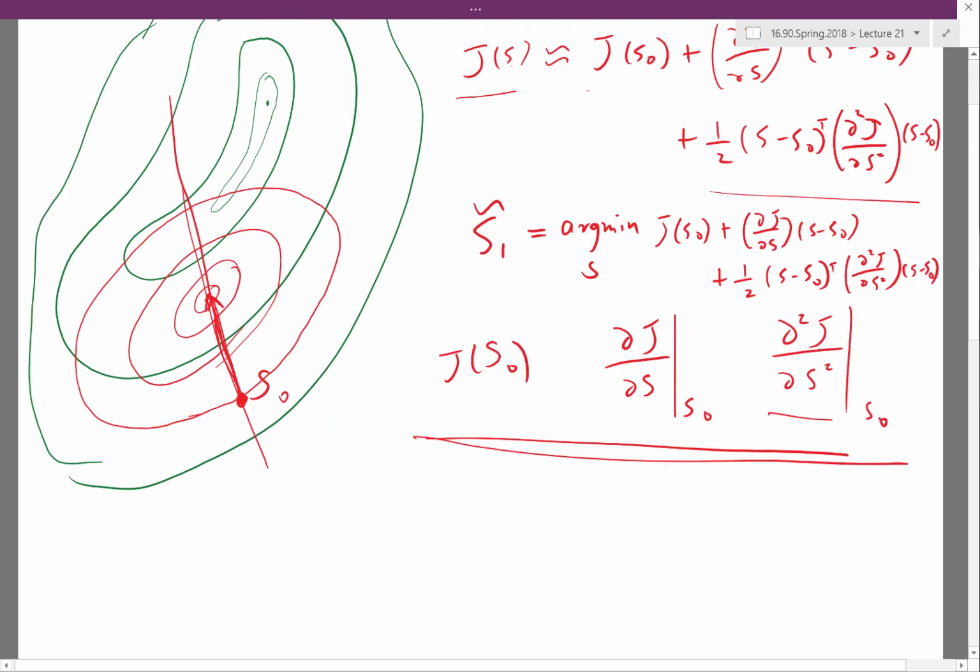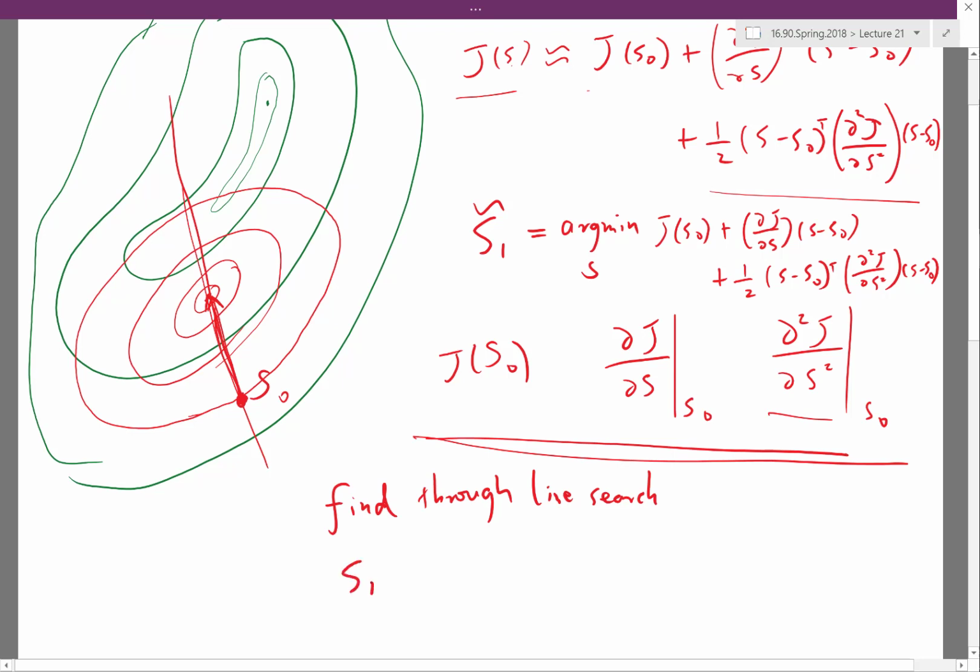Then what I'm going to do is find, through line search, what my actual S1 is.